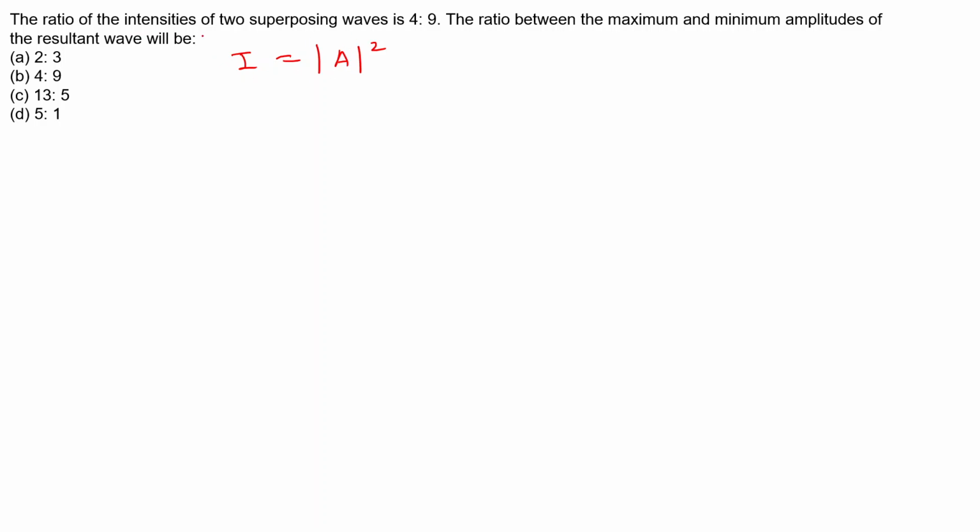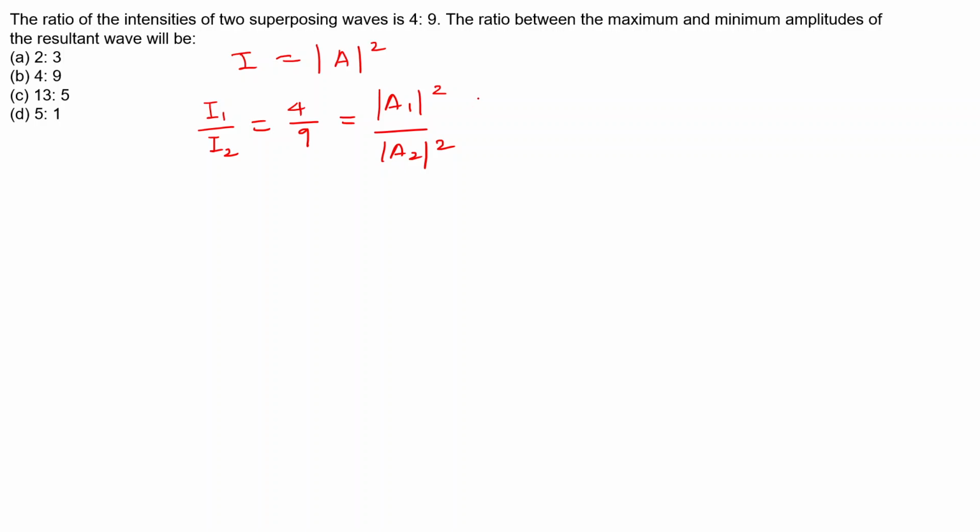Let's call the intensity of one wave I1 and of the other wave I2. Then their ratio, as given, is 4 by 9. Since we know this, the square of the amplitude of the first one over the square of the amplitude of the second one.